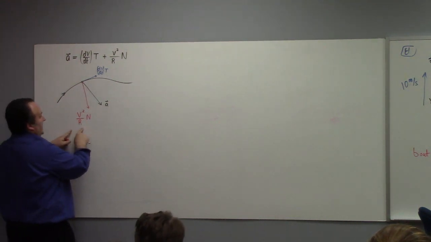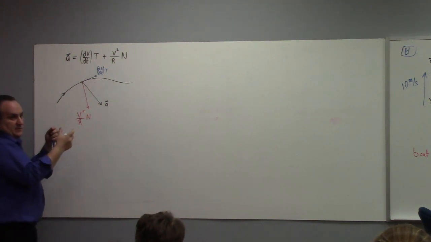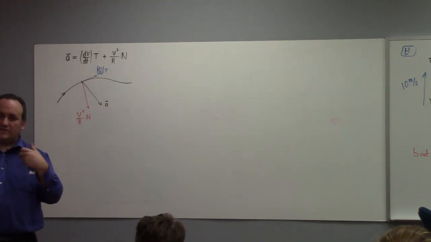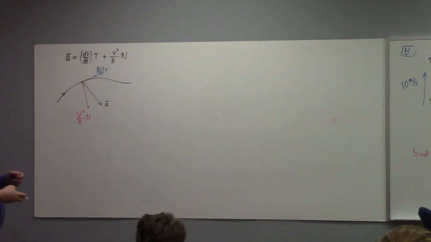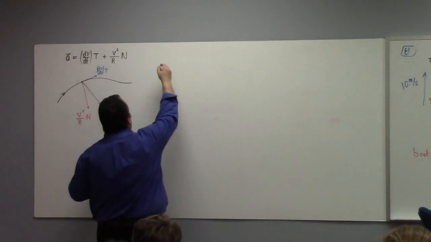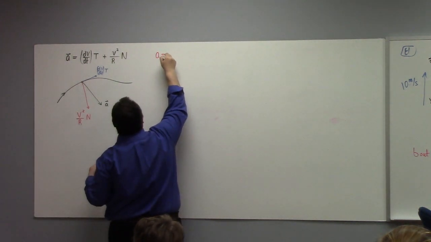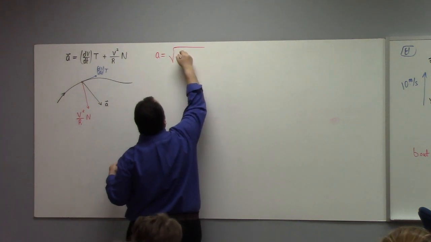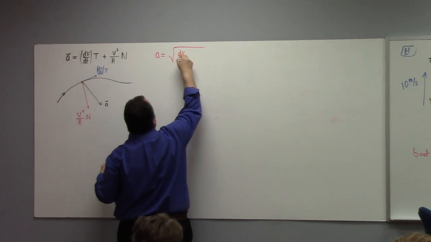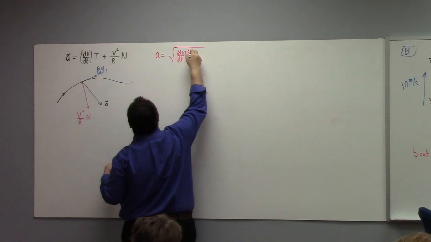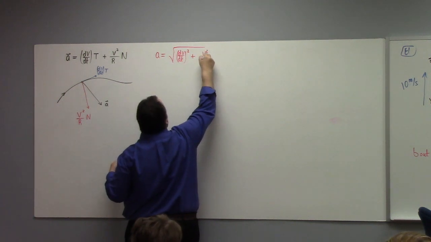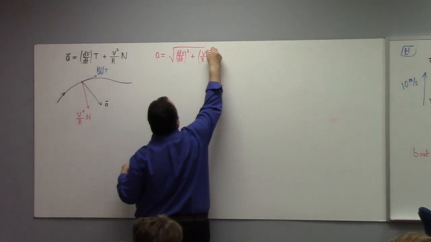So the sum of the red and the blue vector should give you the net acceleration. There's only a tangential and a normal component. These are perpendicular, so our formula for the magnitude of the acceleration is the square root of the quantity dv/dt squared plus the quantity v squared over r, squared. All right.